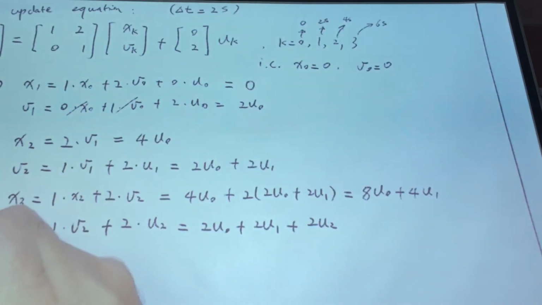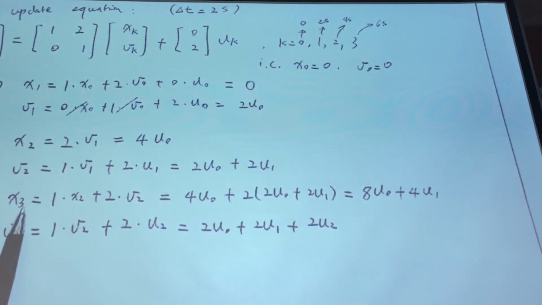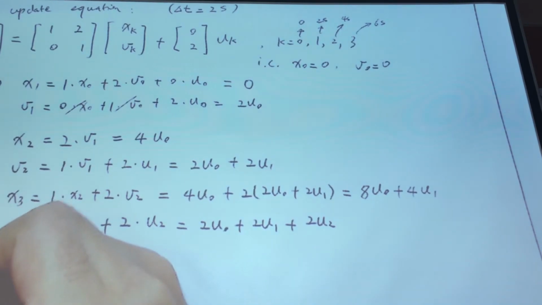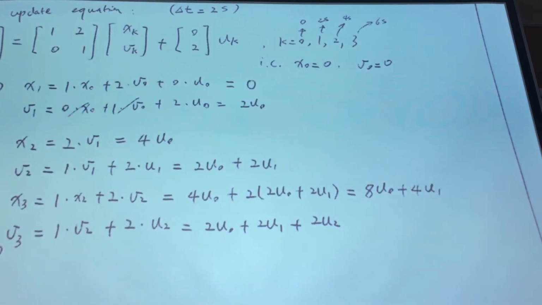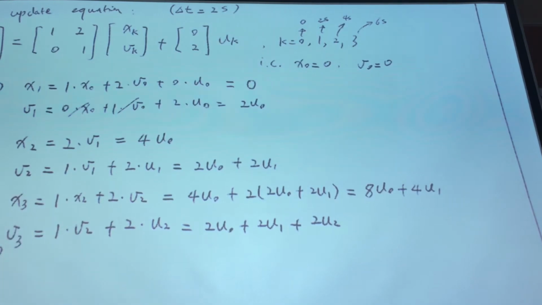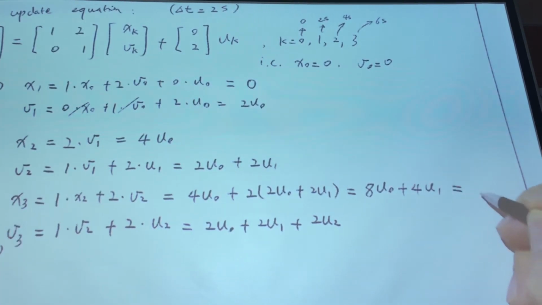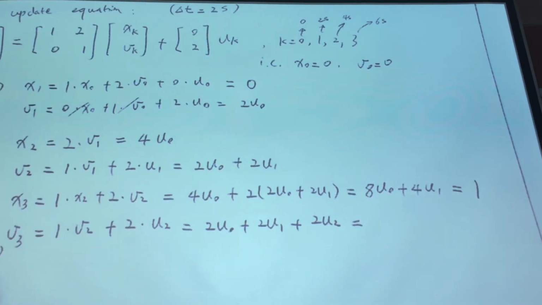We know this corresponds to k equal to 3, t equal to 6 seconds. From our final condition, we know the final position of the vehicle, x3, will be 1, and the velocity at the destination will be 0.